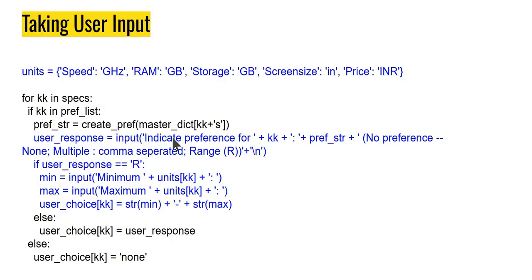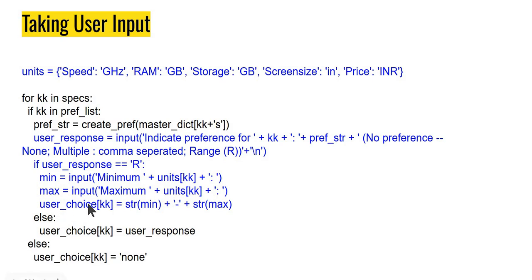Now, what I do is that I ask my player to say that, either you tell me whatever preference you have in a comma separated manner, you could tell me one value, or you could also tell me a range by R. If the response is R, like I said, I go and ask my player, well, tell me what's the minimum you want, and here I use this dictionary units, so that becomes like minimum gigahertz, minimum GB, maximum GB, and so on, and that becomes my user choice.